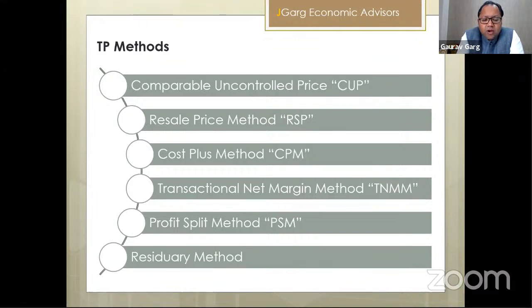Now, when you don't have an internal comparable, it becomes difficult to apply resale price and cost plus, because one may have a different cost base, or the denominator could be different. One may be following different accounting practices.